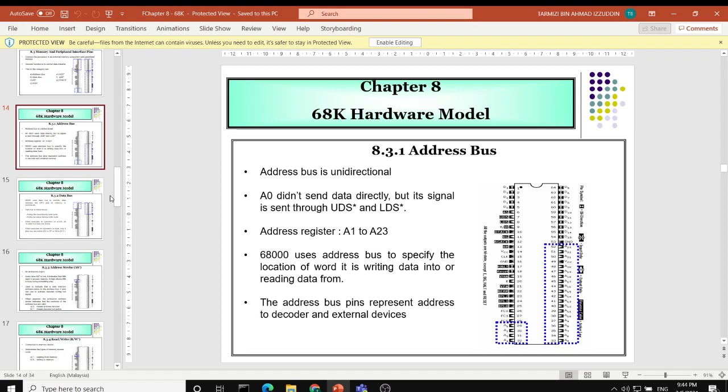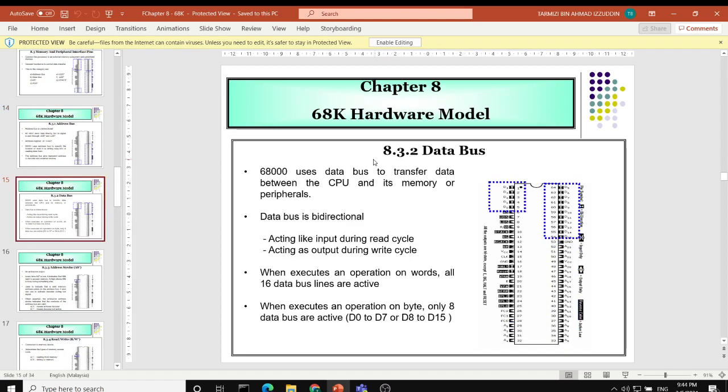So after the address bus we have the data bus. What is the data bus? The data bus is the bus used by the 68K to transfer data between the CPU and its memory or peripheral. So this is the main bus that transfers data.